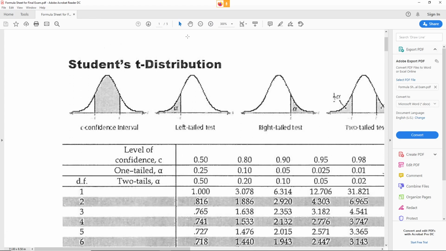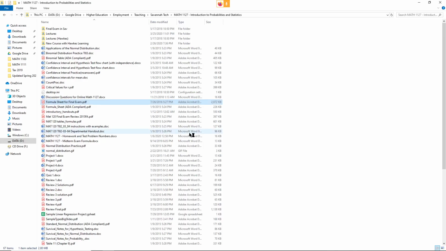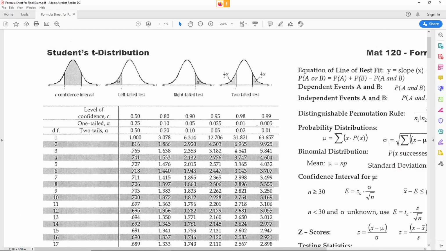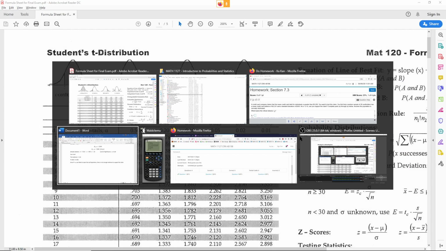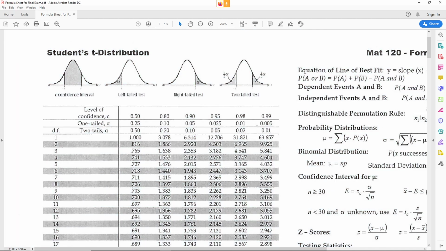So the situation we have is this. We have a t-test and the sample size is 26 and we want 0.1 level of significance. So it's a one tail test, one tail and 0.1, which is this column right here, and we're doing t-test.